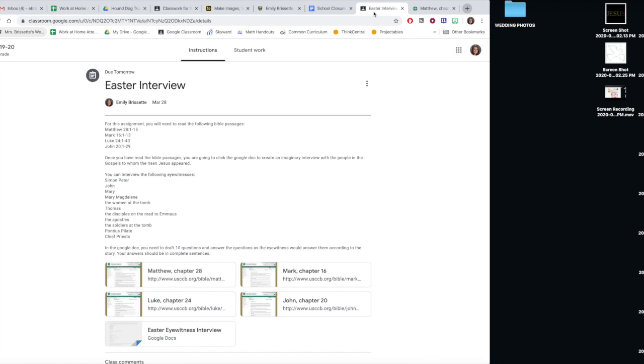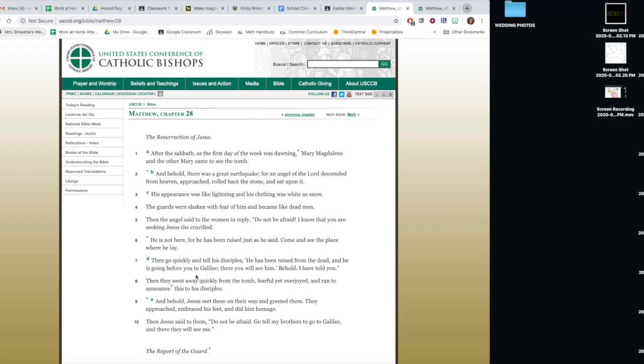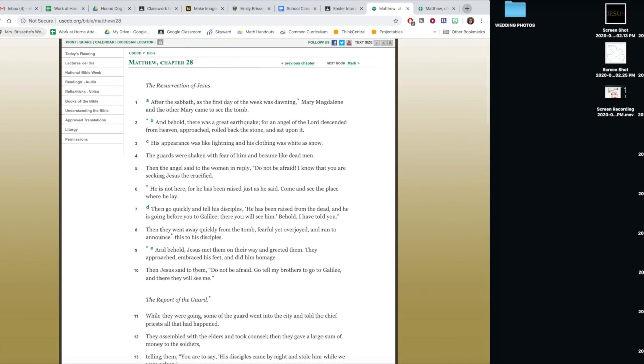These are different scriptures about Easter, and what you're going to do is pretend that you're interviewing one of these characters from the Bible based on what the stories have in the gospel. So you can first read, and let's say that I'm reading Matthew, and I would like to tell the story from one of his disciples that's in this chapter of the Bible. I don't have to read the rest of the 4 because I have this resource already.